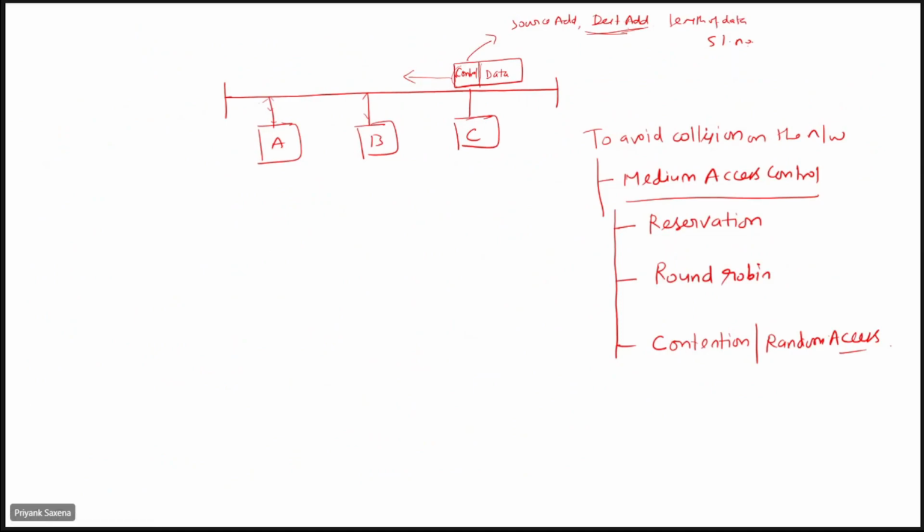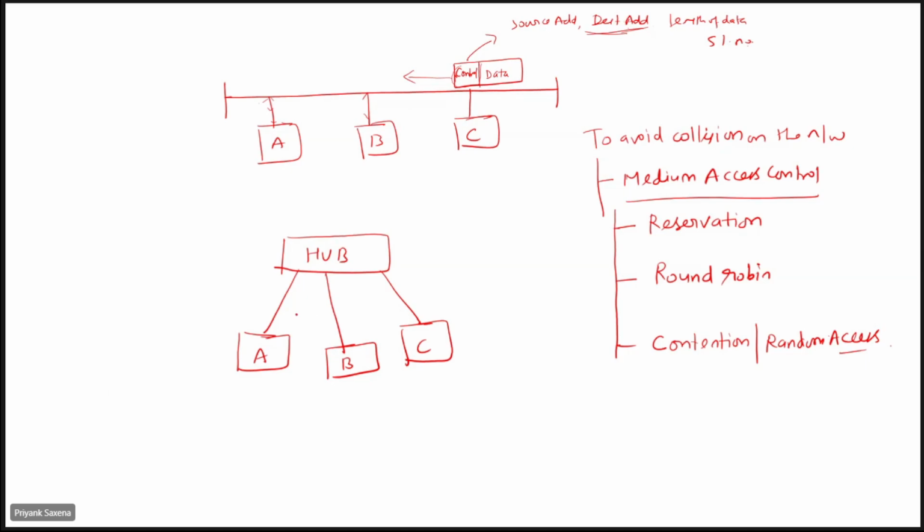So as I was discussing the star topology, I told you that generally there can be two possibilities. We can have a hub here and the stations are connected to this hub, right? So any station wants to send.